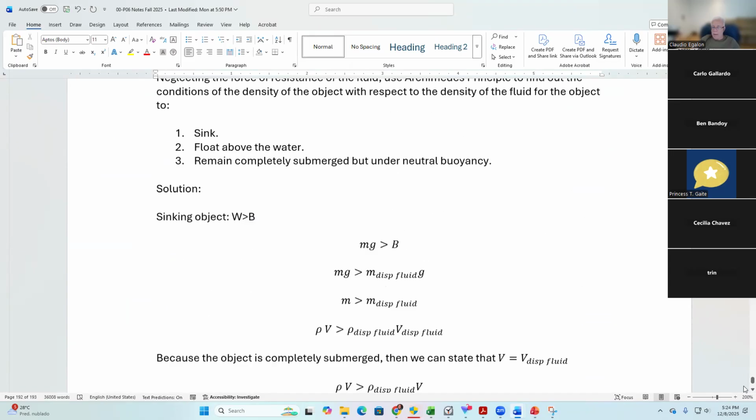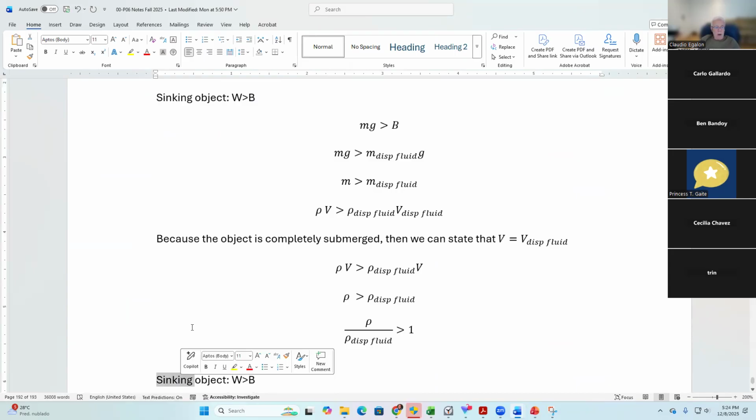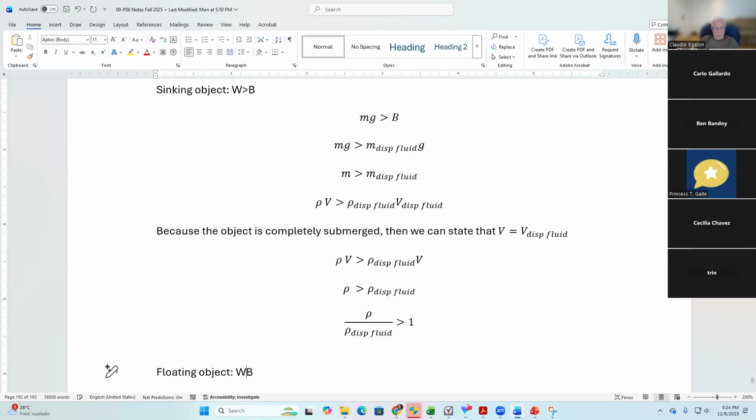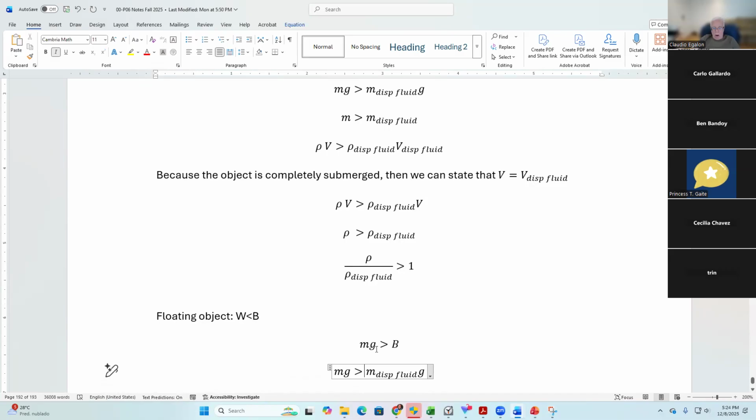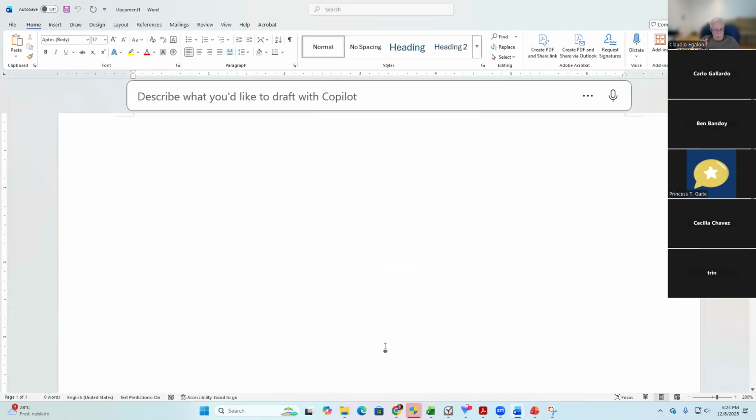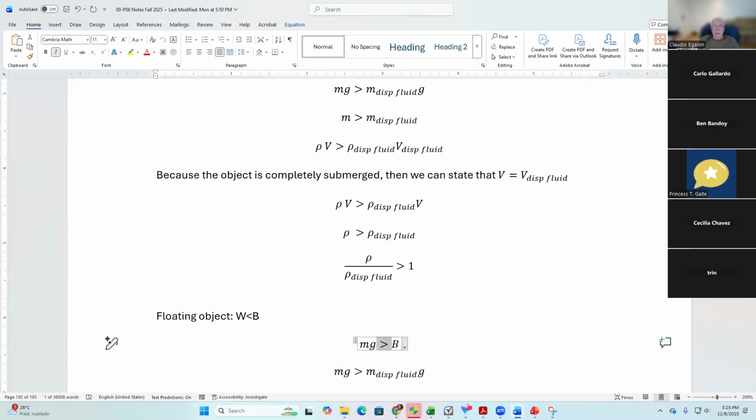Sinking object, now floating object. The weight must be less than the buoyant force, right? All I have to do is change this inequality sign. Good, here you go. The weight of the object must be less than the weight of the displaced fluid.